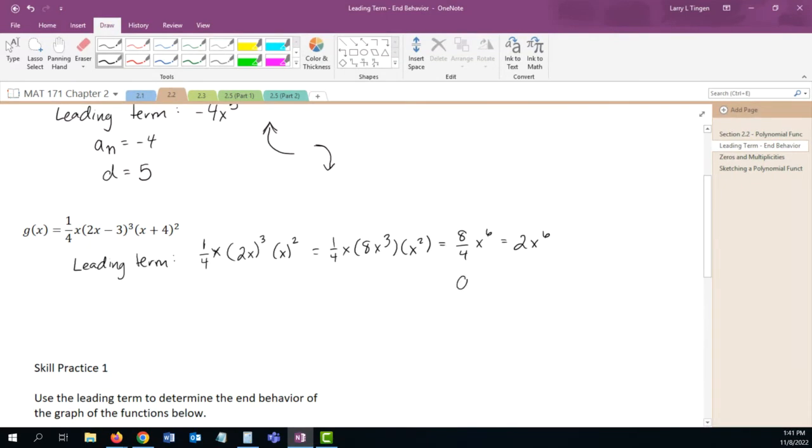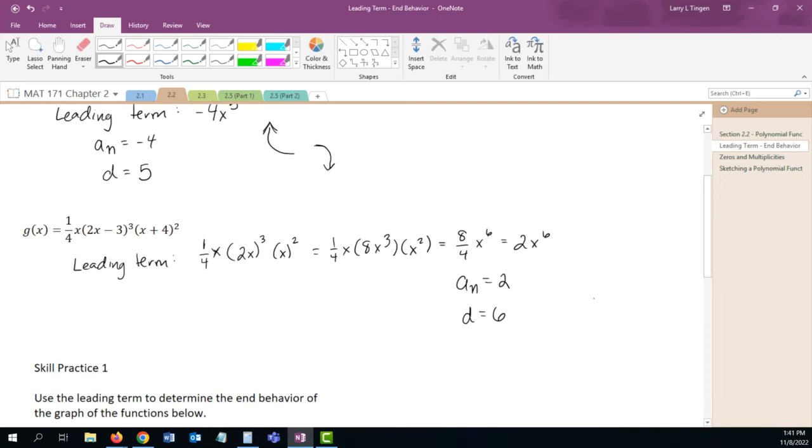All right, so leading coefficient is 2. The degree is 6. This is even. And yes, you add the powers of the variables.